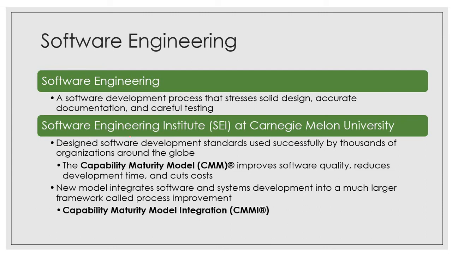Therefore, the Software Engineering Institute (SEI) at Carnegie Mellon University has designed 2 maturity models. The first one is CMM, the Capability Maturity Model, and also the CMMI, the Capability Maturity Model Integration, in order to improve the quality, reduce the development time, and cut the cost.